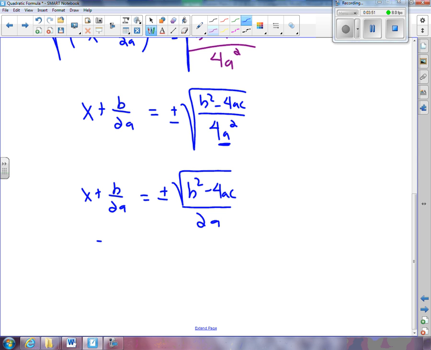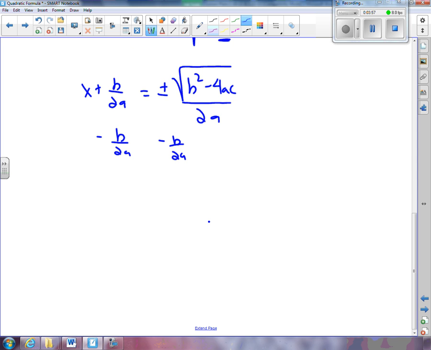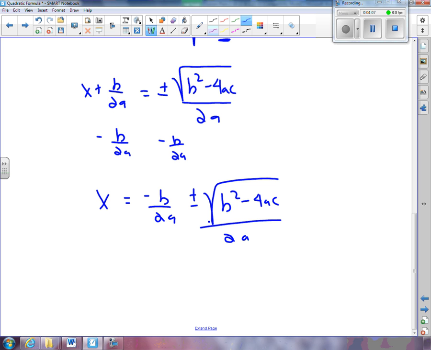So now let's subtract this from both sides. And I get x equals negative b over 2a plus or minus the square root of b squared minus 4ac all over 2a.